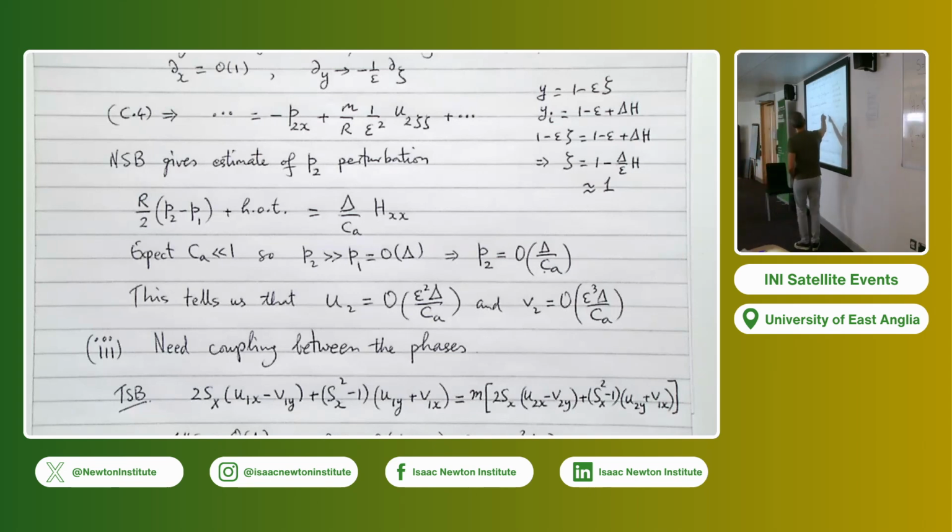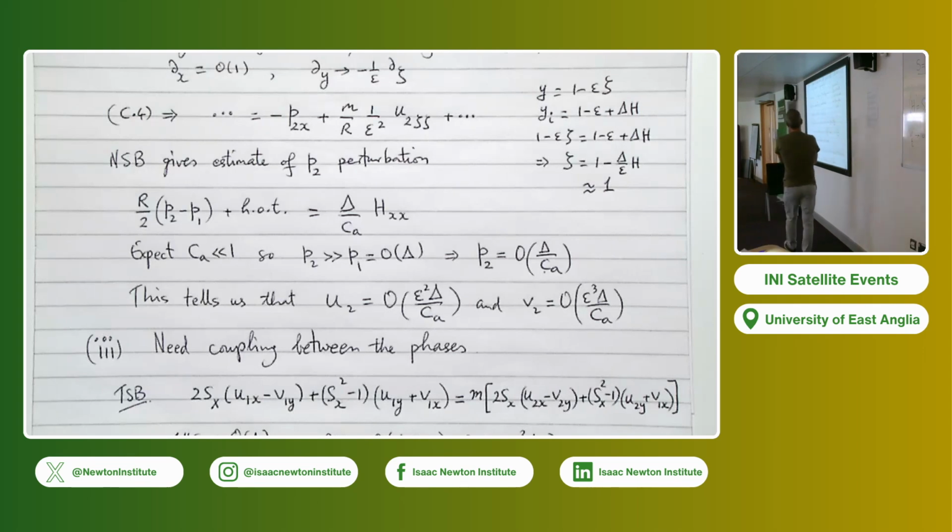So I know that the curvature is this, delta over capillary times big H, this is order 1, and the jump in pressures, now I have two pressures, not like before, is equal to that. Possibly P2 is there, the P1 is there maybe, we don't know.